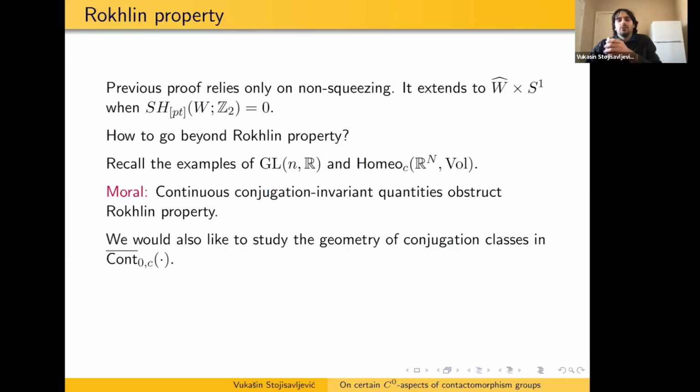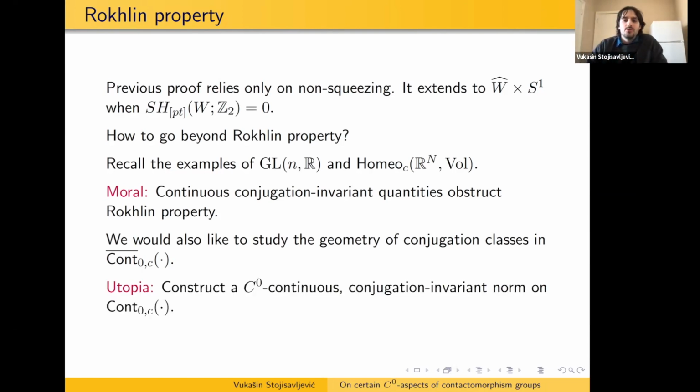So what we would like to have is, another thing which we would really like to do is to study the geometry of conjugation classes. That would be pretty cool. So now the utopian situation is to have a C0 continuous and conjugation invariant norm on Cont.